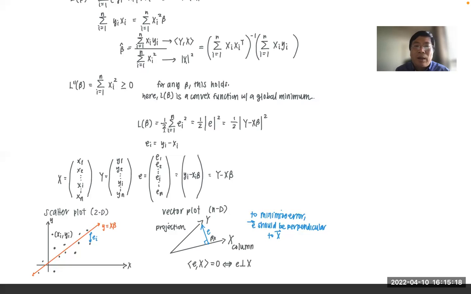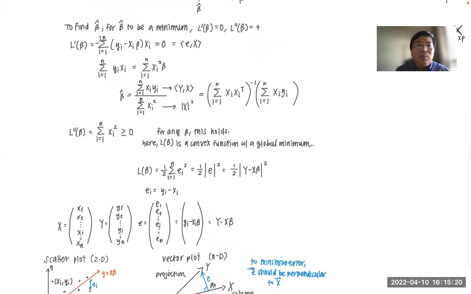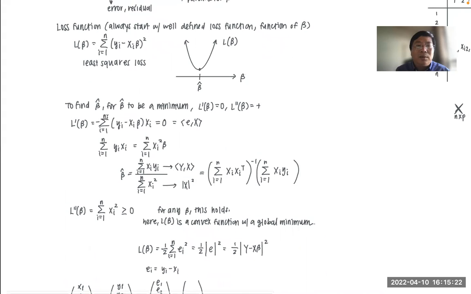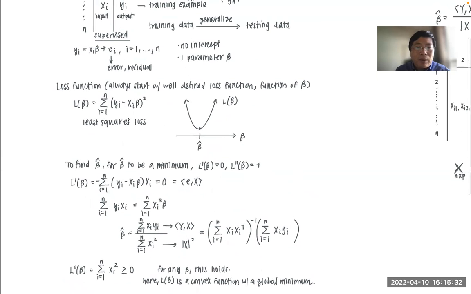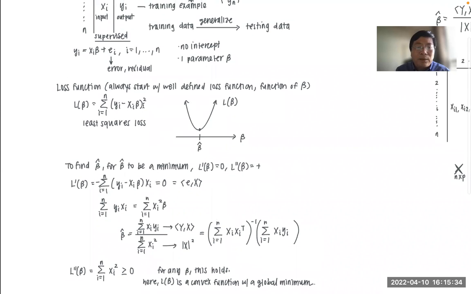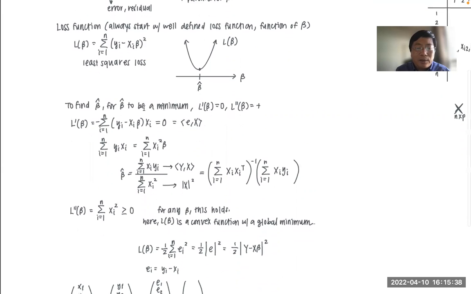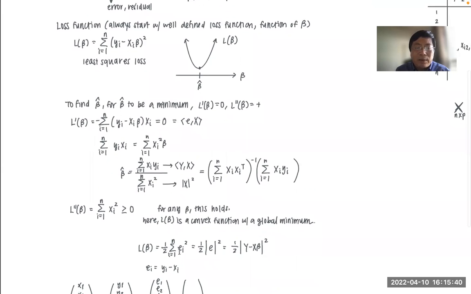Here we should put the 1/2, so that when we take the derivative, the two get cancelled. So we have 1/2 times the sum of (yi minus xi beta) squared, and yi minus xi beta is ei. Therefore, this is 1/2 summation ei squared.